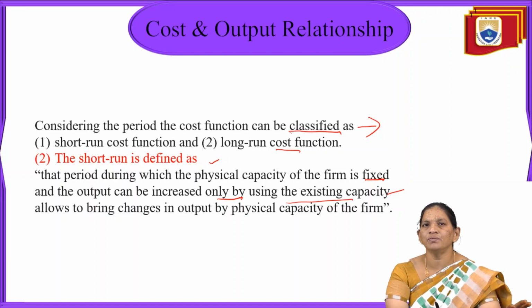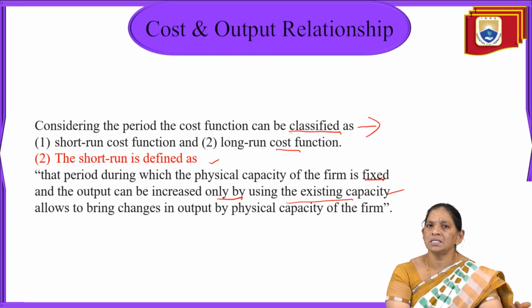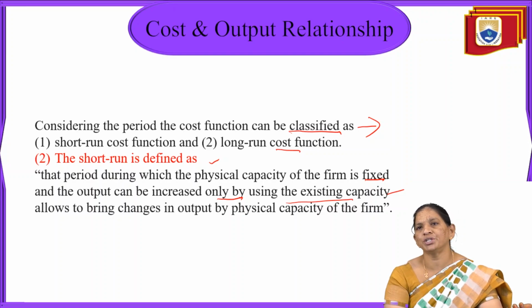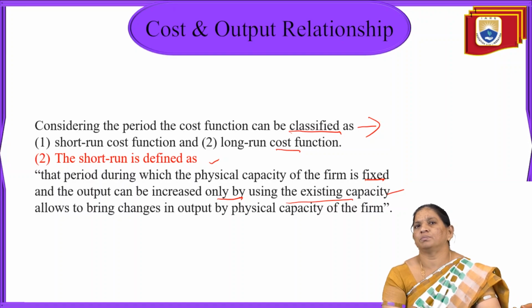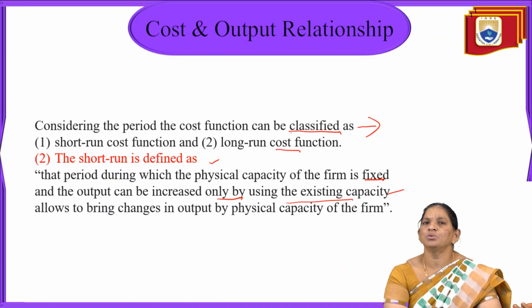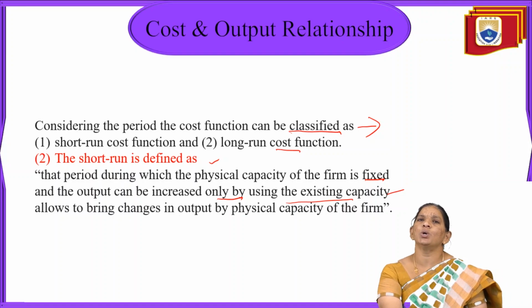So due to the lack of time, I will increase total production by utilizing the existing capacity optimally. This allows a change in output within the physical capacity of the firm. With the existing capacity only, I'll increase the output.